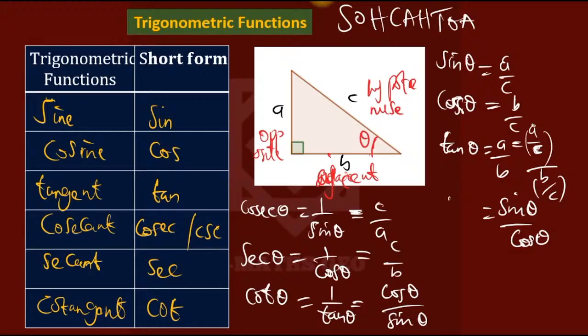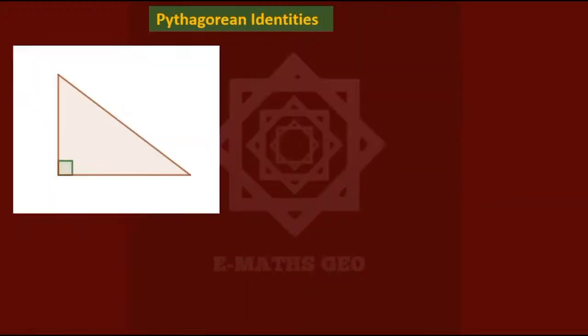So let's look at what we call the Pythagorean identity. Let's start by labeling the sides, assuming the angle here is theta.